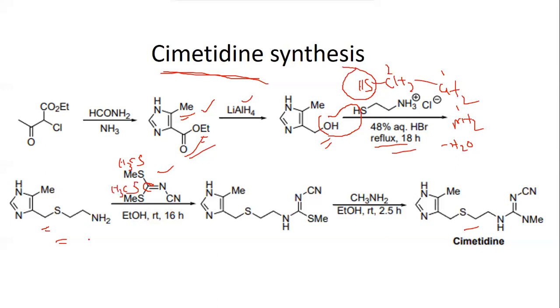If you reflux this for 16 hours with ethanol, what will happen? A CH3 from here and 1 hydrogen from here, so SCH3 and 1 hydrogen, it is mercaptomethane, it is a thiol.